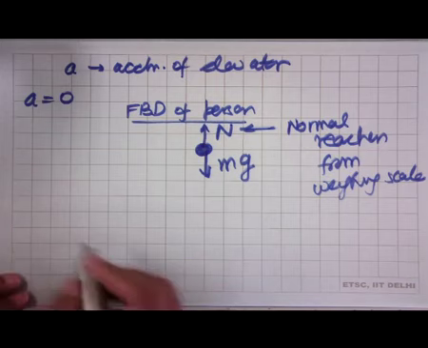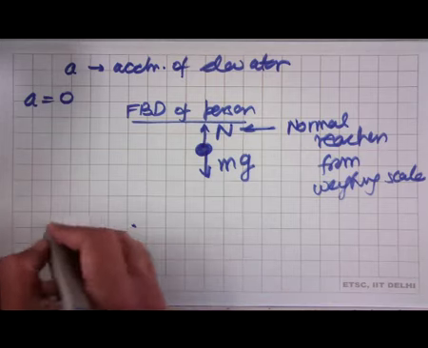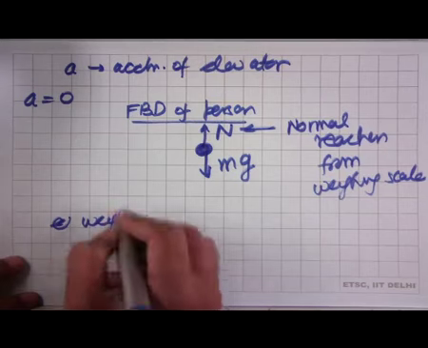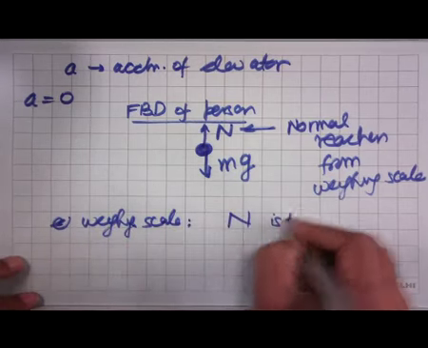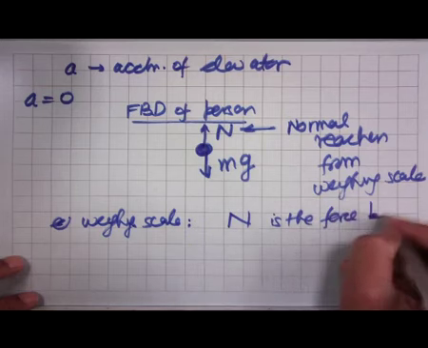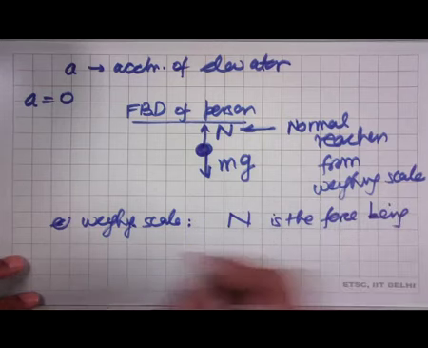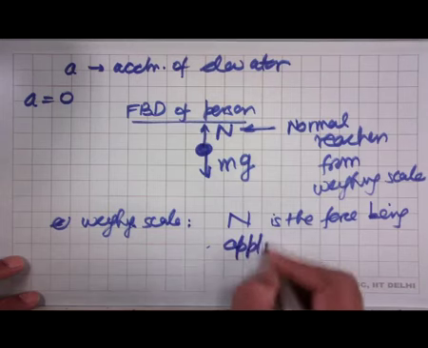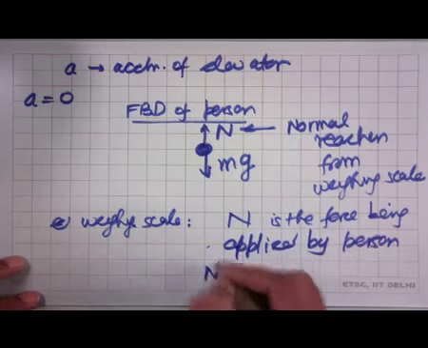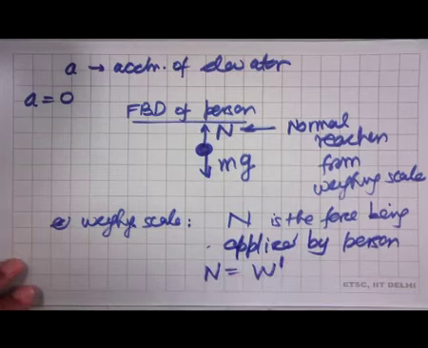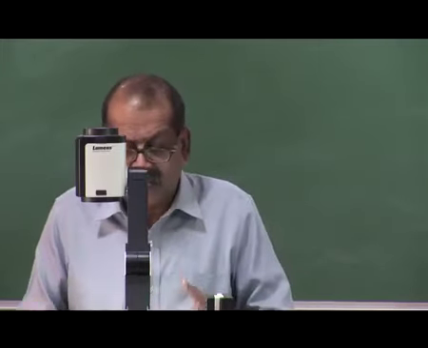And then when we look at the weighing scale, then N is the force being applied by the person, and this N will be equal to W prime, the reading which will be shown by the scale.